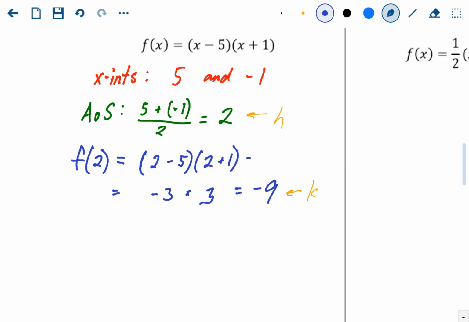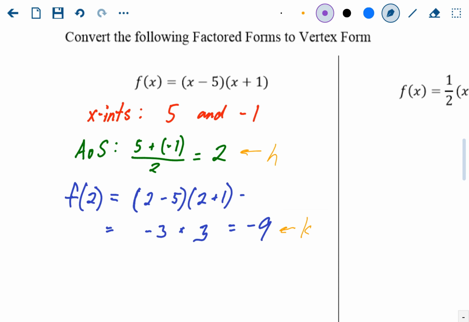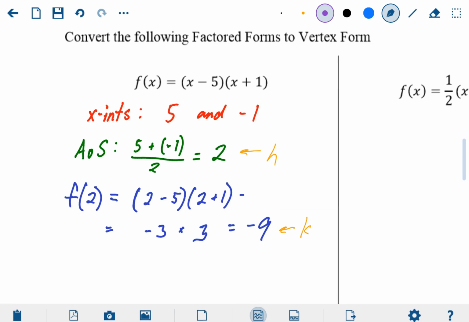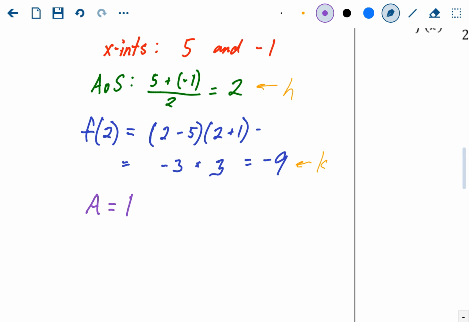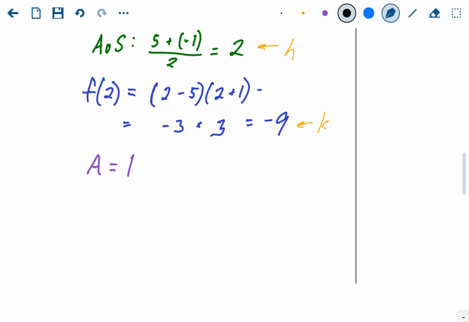Last thing we'll have to do is identify what a is. A is always whatever's in front in factored form. In this case, there's nothing in front, which is implied to be a 1. All right, so we know a, we know h, and we know k. Again, just plug it in. Y equals a, which is 1, so you don't have to put anything.